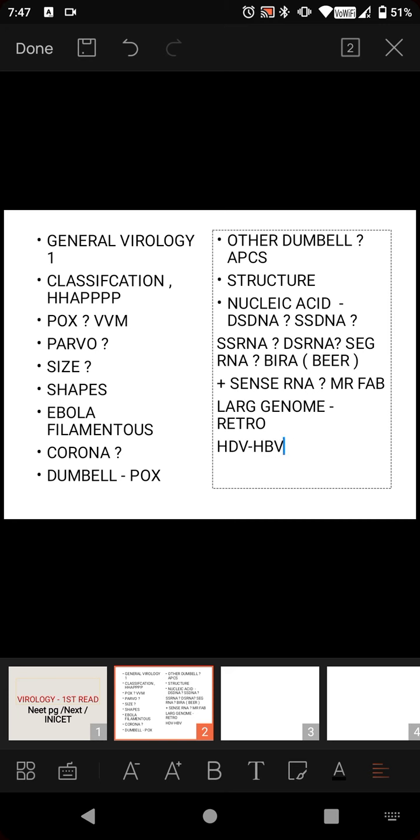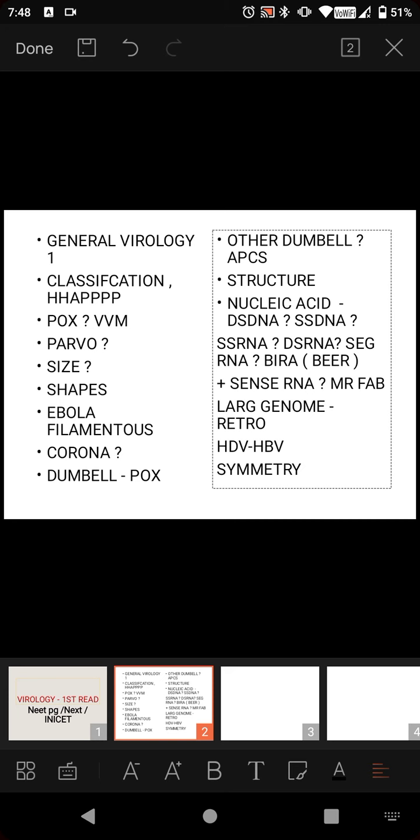Then coming to the symmetry. Symmetry can be icosahedral, helical, or pox symmetry. Icosahedral means all DNA viruses except pox, and most RNA viruses are also icosahedral.